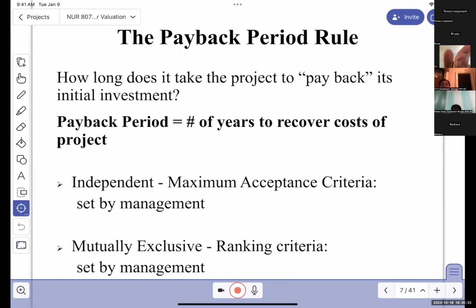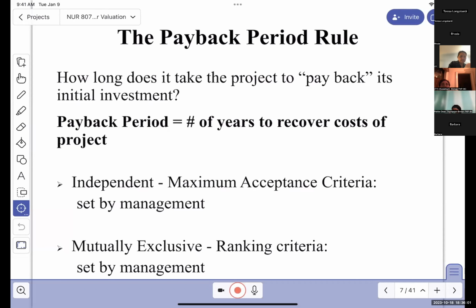They don't know what discounting is. They don't understand finance. And they just want to know, if I invest in this, when do I get my money back? When do I recover the costs of this investment? So that's another approach. It's another piece of information in the end. But I'm going to teach you how to calculate that amount. Like, how do you figure out how long it takes to recover the costs?